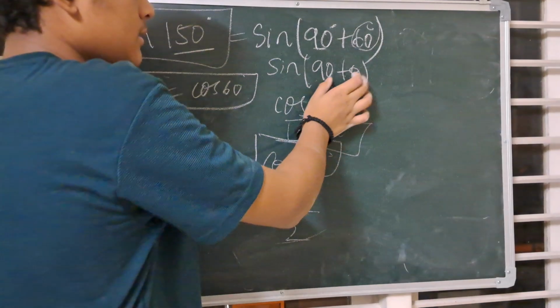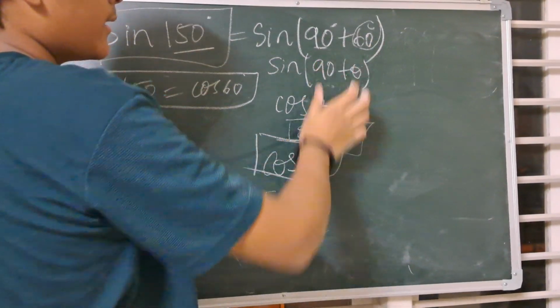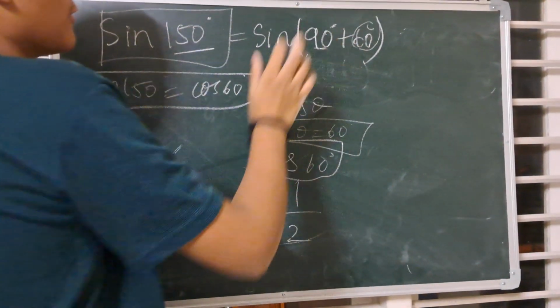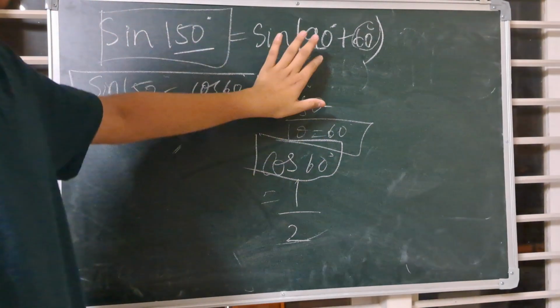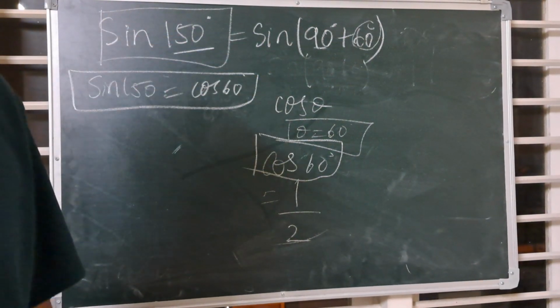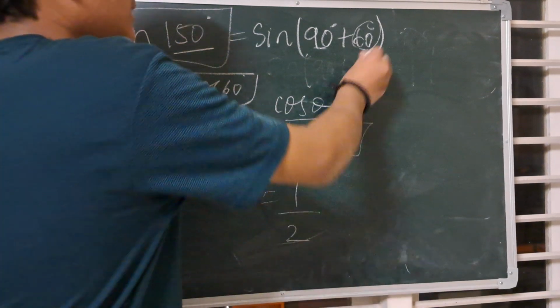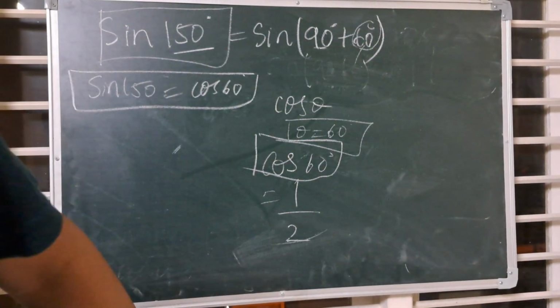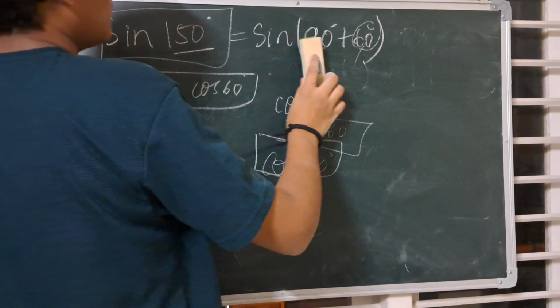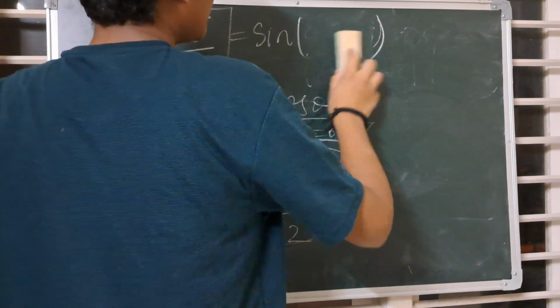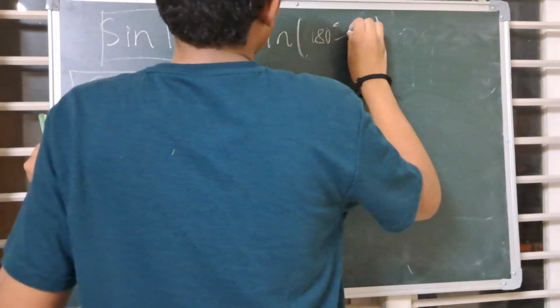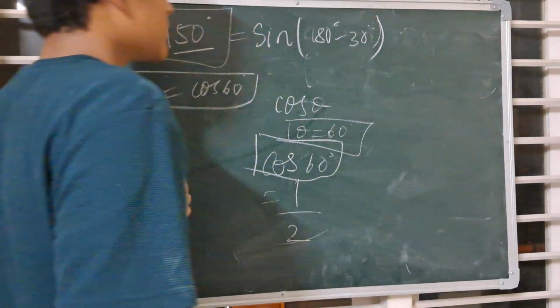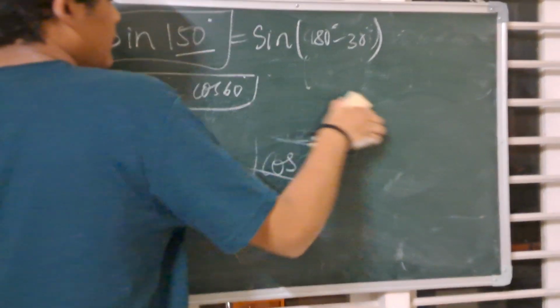So we can take another standard angle also. We can take it as 180 minus 30 degree. So 180 minus 30 will be 150 degree.